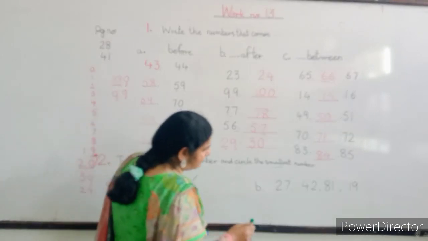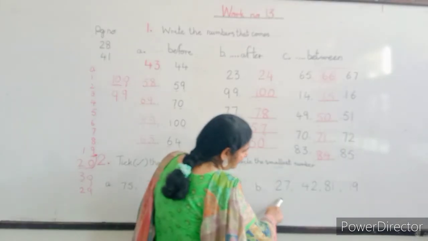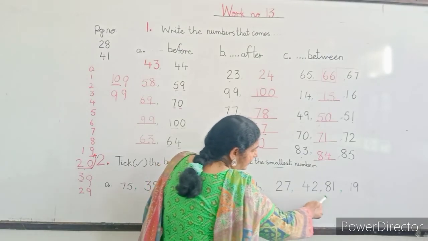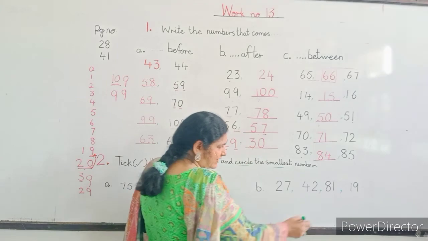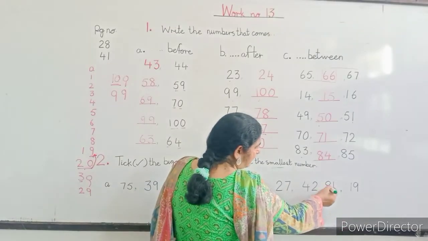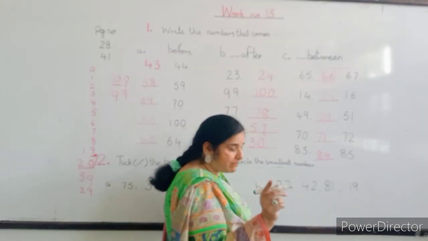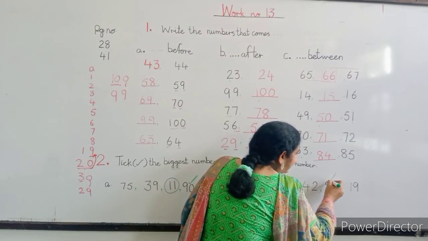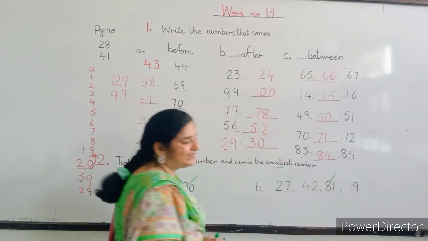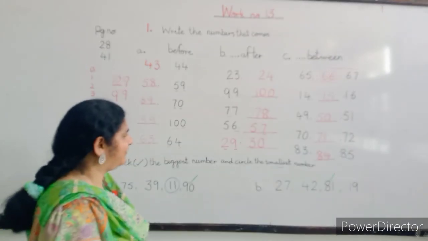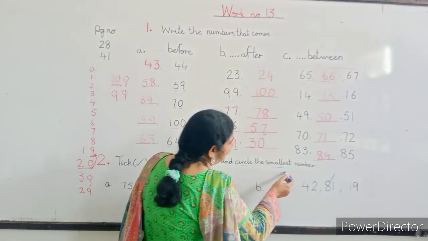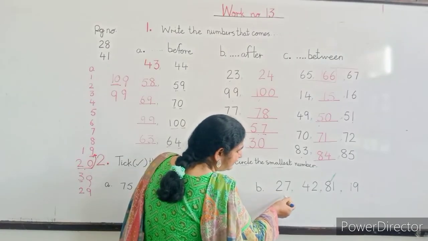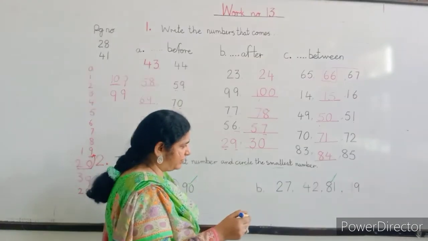Which is the biggest number? 27, no. 42, no. 81, yes. 19, no. 81 is the biggest number. So put a tick quickly. Clear tick. Right? Now we have to circle the smallest number.